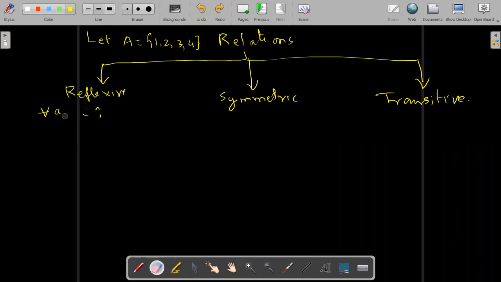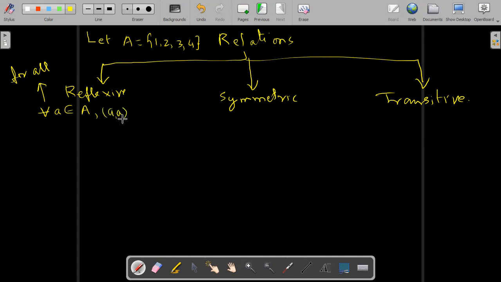So keep in mind, for all a belongs to A means for every element. This is the symbol used for all: for all a belongs to A is for all elements of A.